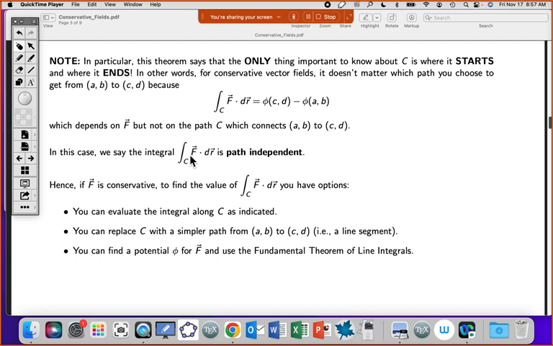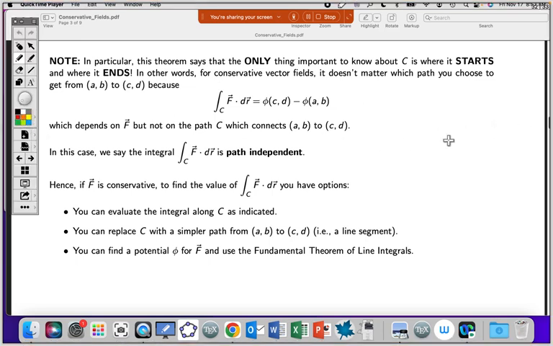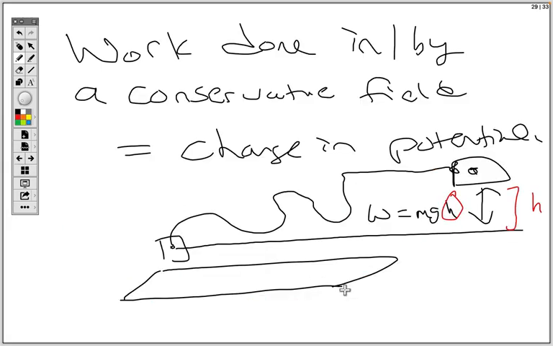So a couple of things to note about this. If you have a conservative field, the only thing that's important is where the curve starts and where it stops. It doesn't matter how you go from one point to the other. You could go on a curve, you can go on a straight line, just like with gravity. It doesn't matter how you get from this altitude to this altitude.